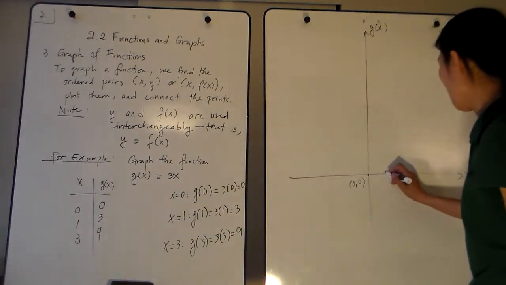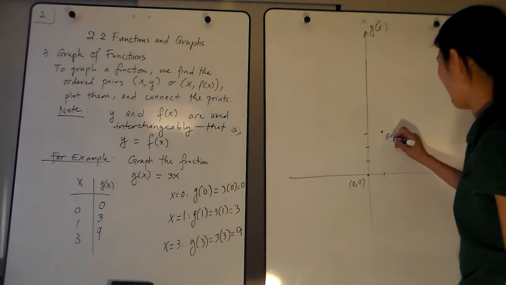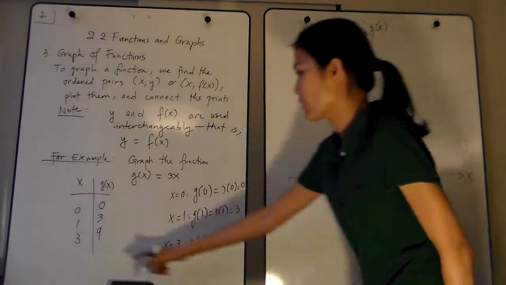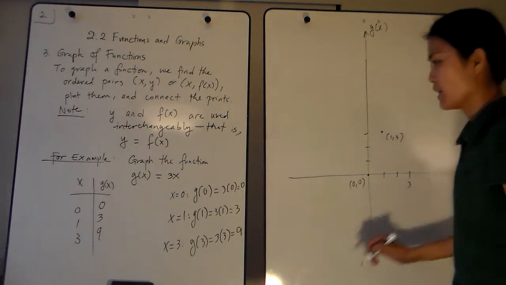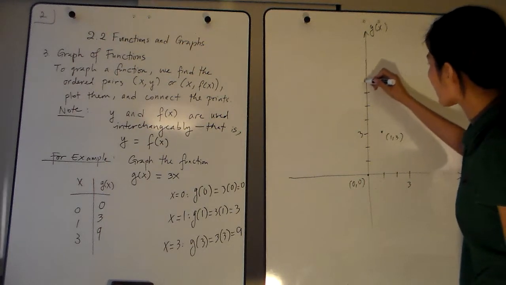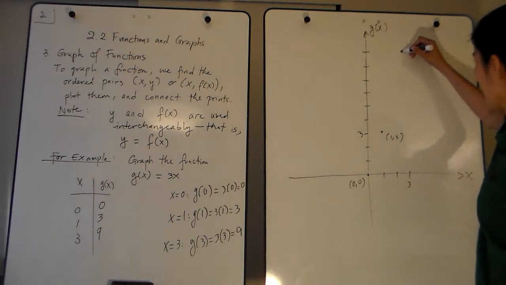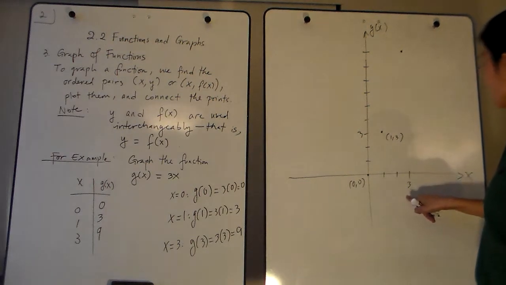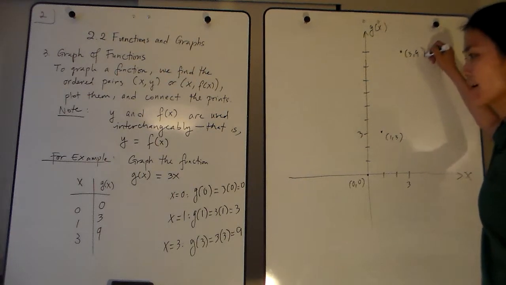When x equals 1, y equals 3, somewhere here. When x equals 3, y equals 9: 1, 2, 3, 4, 5, 6, 7, 8, 9. So up here. Go to the right 3 units, go up 9, and you have the point (3, 9).